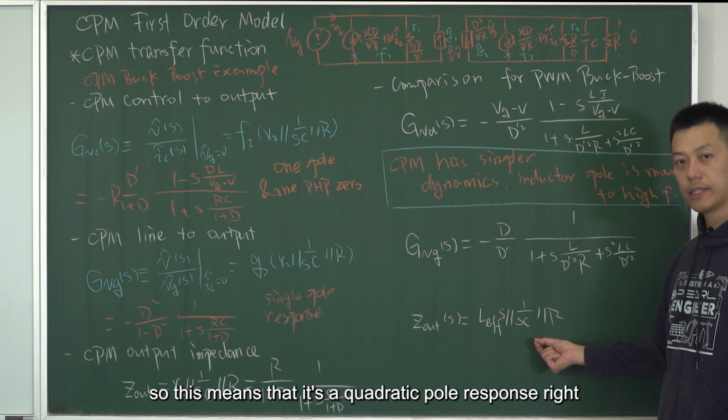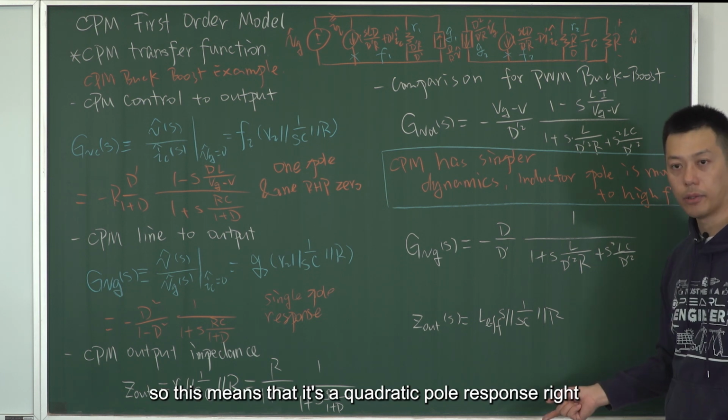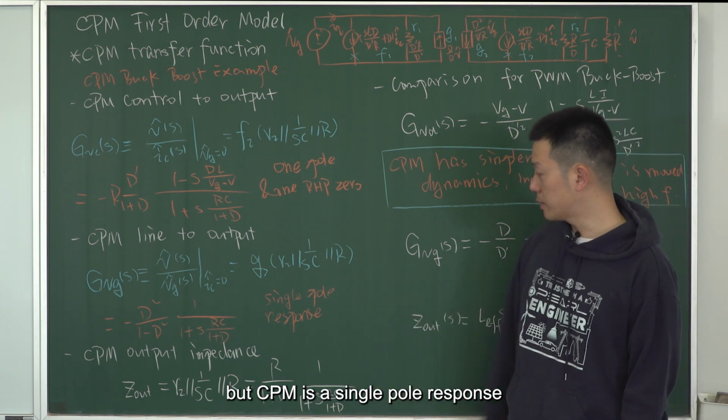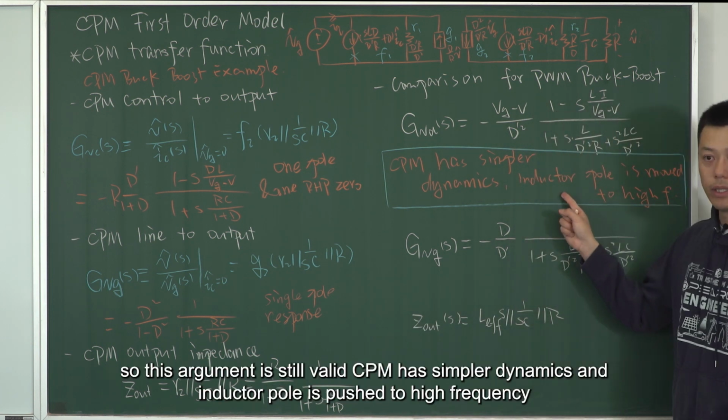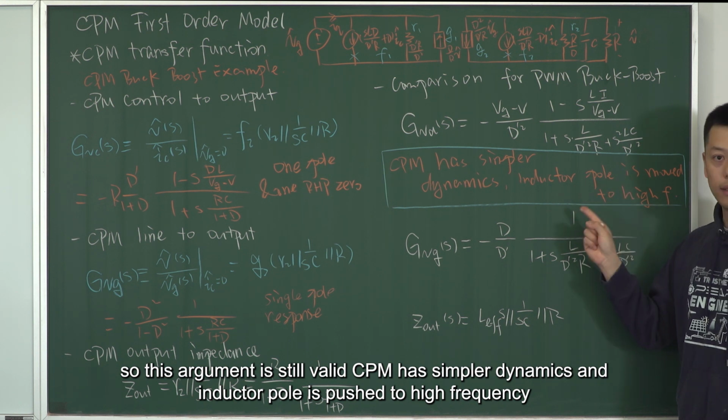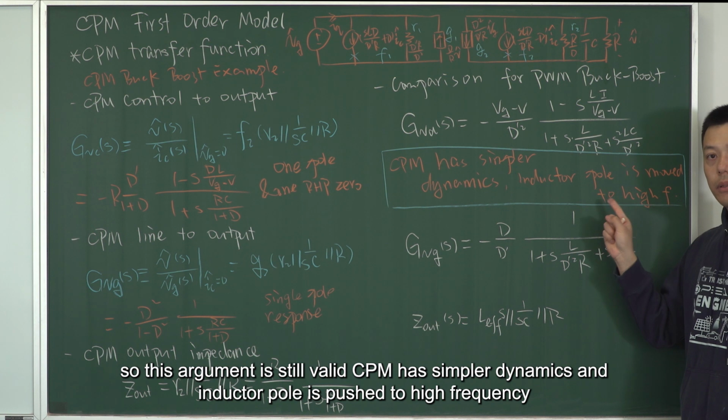This means it's a quadratic pole response, but CPM is a single pole response. So this argument is still valid: CPM has simpler dynamics, and the inductor pole is pushed to high frequency.